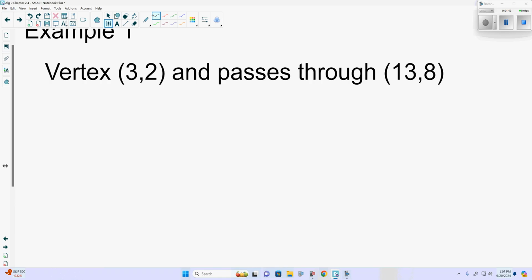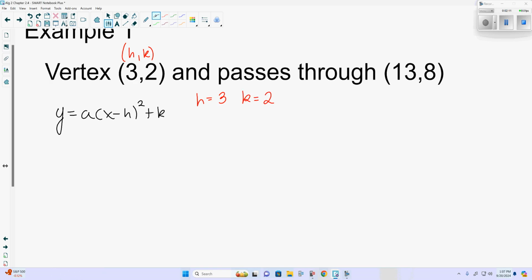Since they gave us the vertex, we use vertex form: y equals a times x minus h squared plus k. The vertex is the point h comma k, so h is 3 and k is 2.